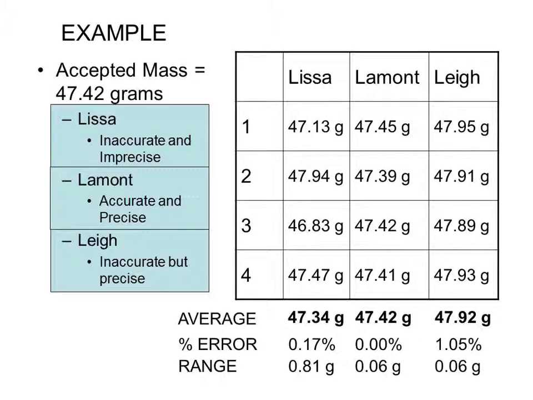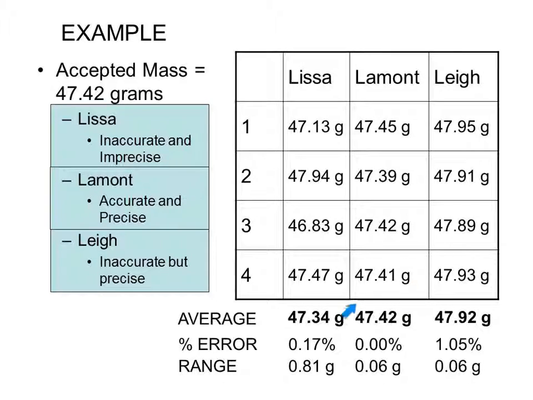So Lisa's data is not accurate at all. Her data is also not precise because she has a pretty wide range in values, 0.18 grams, which means that in the 4 samples she's given, 2 of them vary by almost a gram, which is quite high. So we're going to say that Lisa is both inaccurate and imprecise.